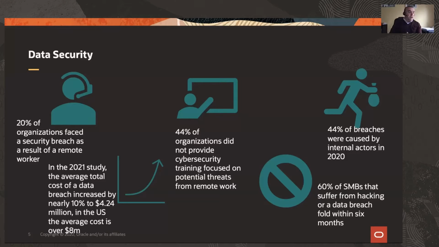So pretty shocking statistics. And again, it underlines that concept of, yes, it does cost money to build security infrastructure and put a security posture in place, but if you cut corners, it could be so much more expensive, and it could even see you out of business.